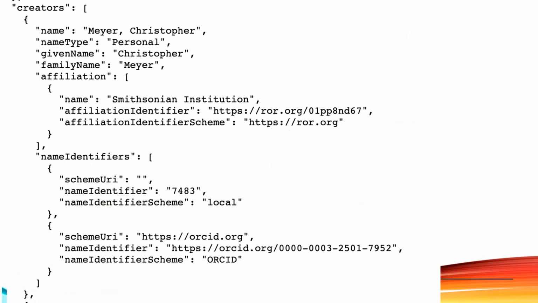So I feel like my thunder was already stolen, because what I wanted to point out here is in our project metadata, just like we saw with Rob, we have the ORCID here for a person, and we also have the RORs for their organization. And it allows us with those 2 identifiers to see the connections in the DataCite Commons that Rob was showing. So if we look at, say, the Smithsonian, we'll see this project.